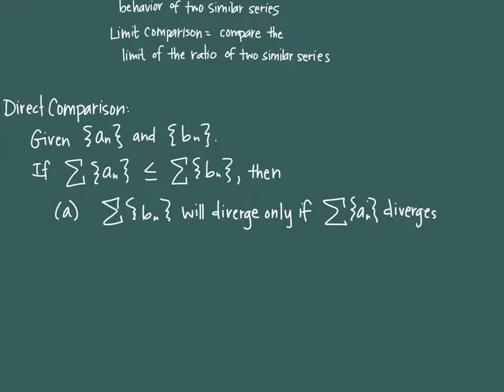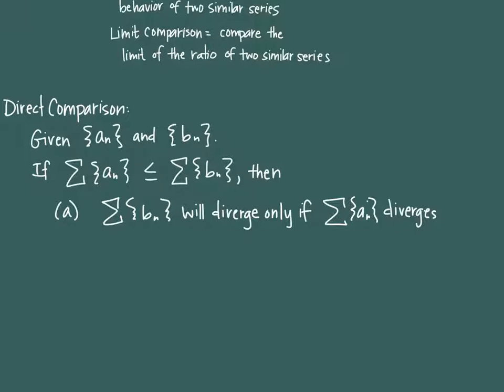All right, so if B is the larger of the two, you can prove that B will diverge only if you've proved that A diverges, because you've got to prove the smaller one diverges, and then you can assume, well, if the other one's bigger than this one that's smaller, and the smaller one is diverging, then the bigger one has to diverge. Otherwise, it wouldn't ever be bigger.